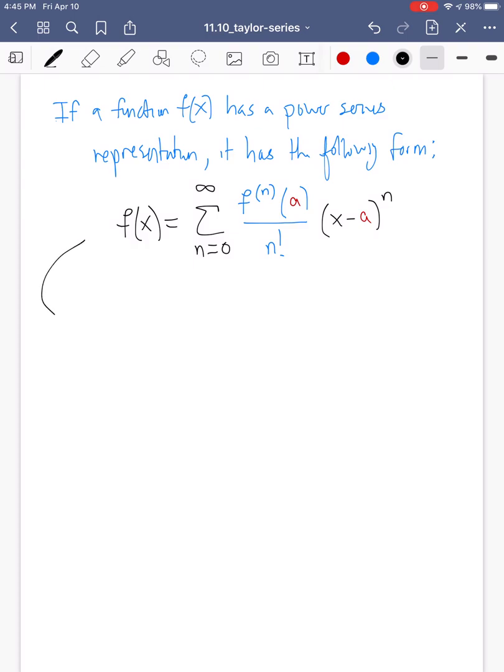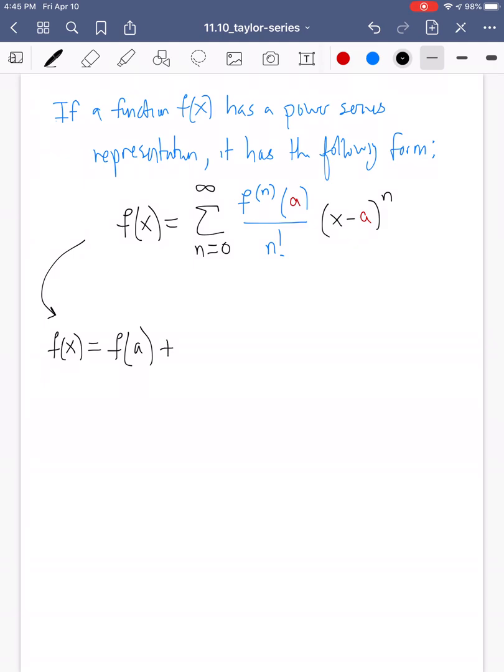So another way to rewrite this, going term by term, is exactly what we just found. This is equal to the 0th derivative of the function, which is just the function itself, over 0 factorial, which is just 1. So that first term is just f of a.